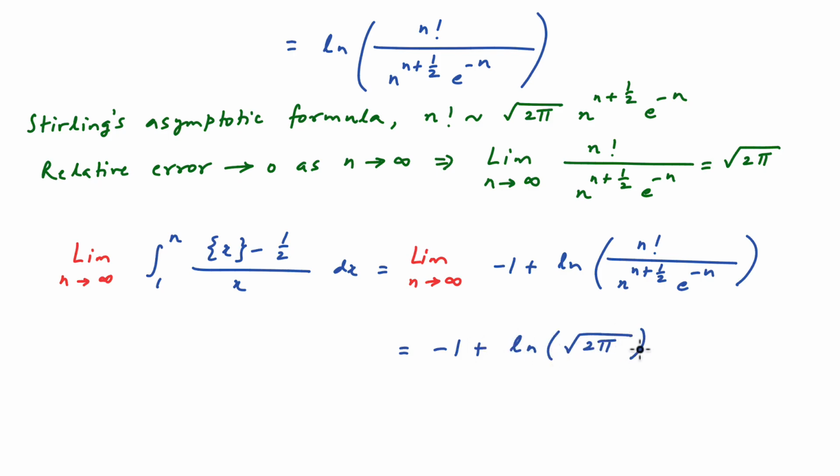And as n tends to infinity, the left-hand side becomes the integral 1 to infinity, the fractional part of x minus half upon x dx. The right-hand side can be calculated, comes to minus 0.08106, which is a slightly negative number, just like what we had anticipated at the start. And this is the required answer.